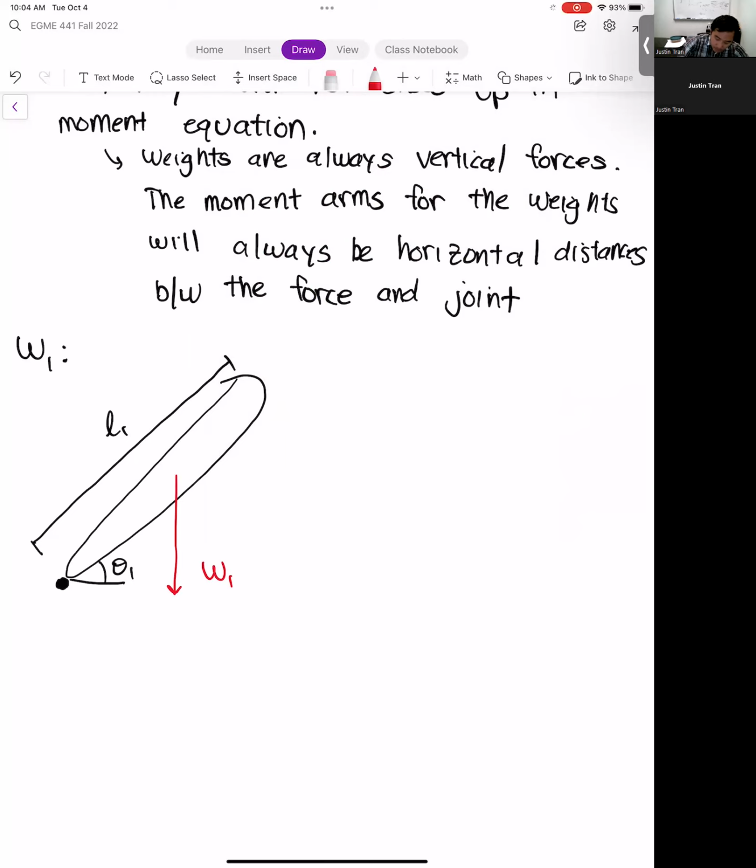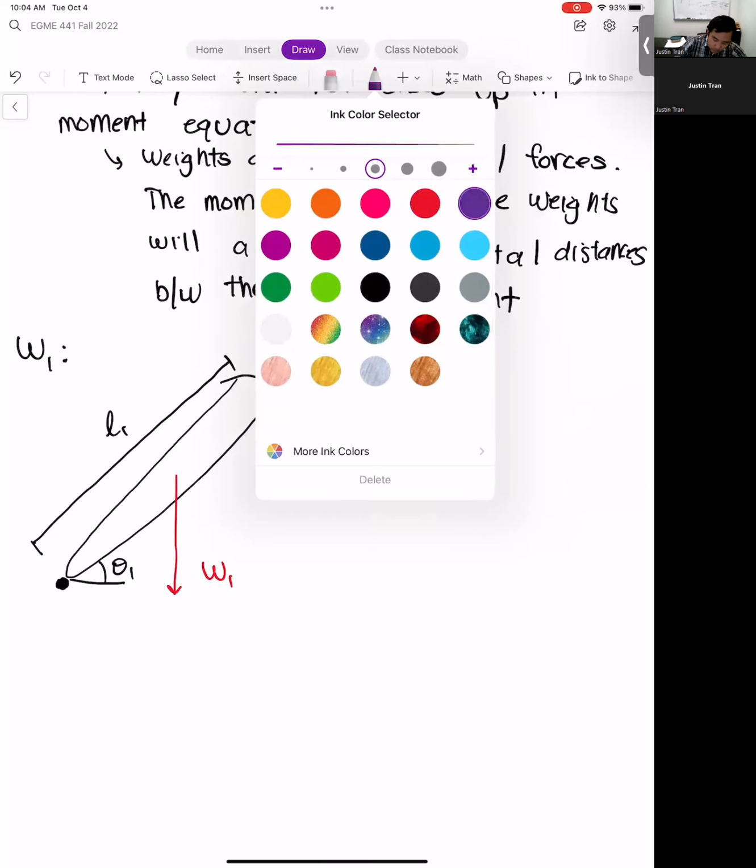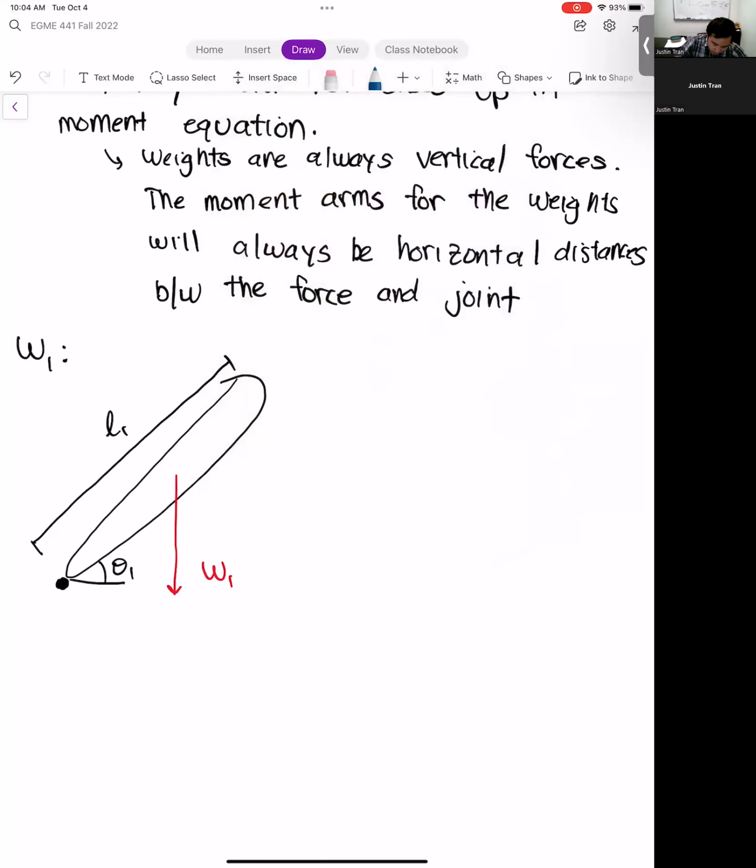And so the moment arm that we want to compute, because we know W1 is a weight, is going to be this horizontal distance right here.